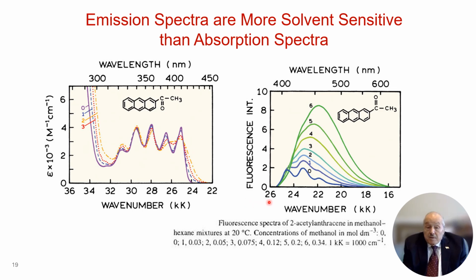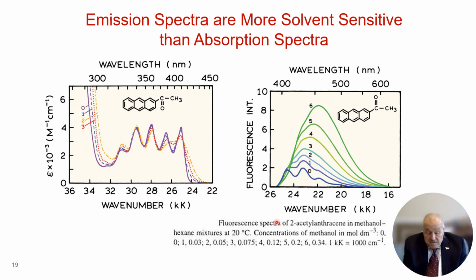But the moment you start titrating in a little bit of polar solvent, not only do you lose the structure of the original spectrum, which is here in the polar solvent, but the emission intensity goes up and it loses all that structure. So it's like a different molecule that is emitting.